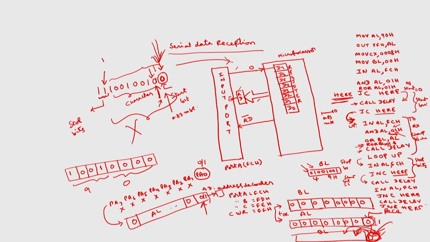If both the bits are ones and they are available for 0.83 millisecond duration, then we will confirm that the received character is a valid one, then we will simply halt. This is about this serial data reception program.